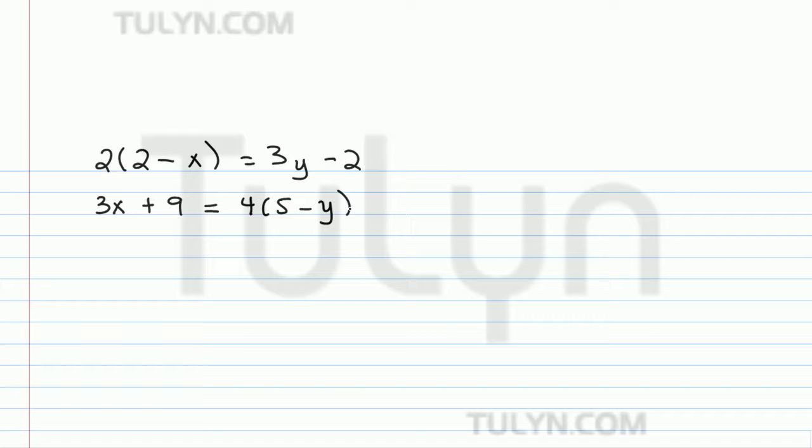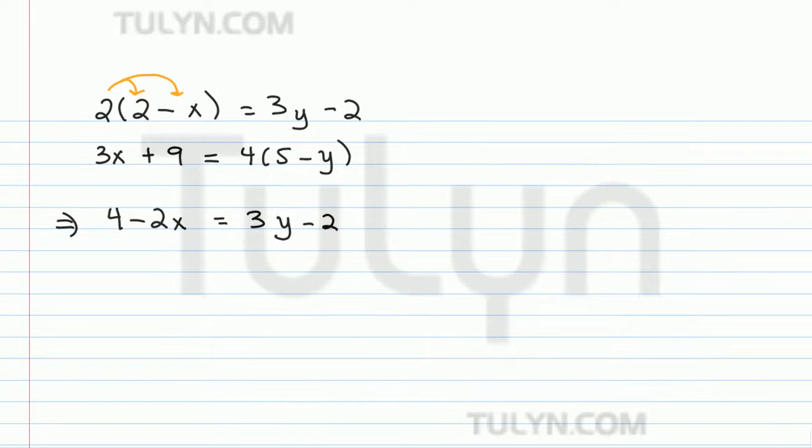So now this doesn't look like the system of equations that you're used to seeing, but let's try simplifying the expressions, combining like terms and distributing in order to get it to be how it should look. So first thing we should do is distribute the 2 into that difference. So the first equation is going to turn into 4 minus 2x on one side, and then 3y minus 2.